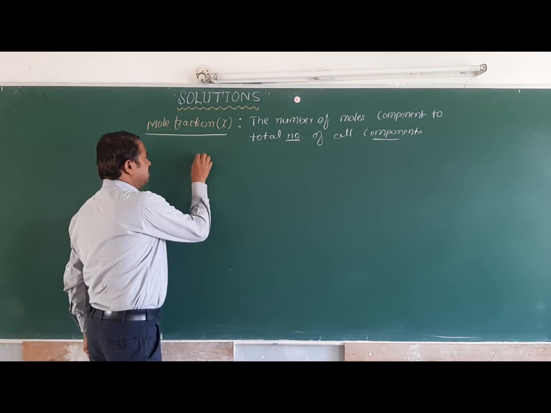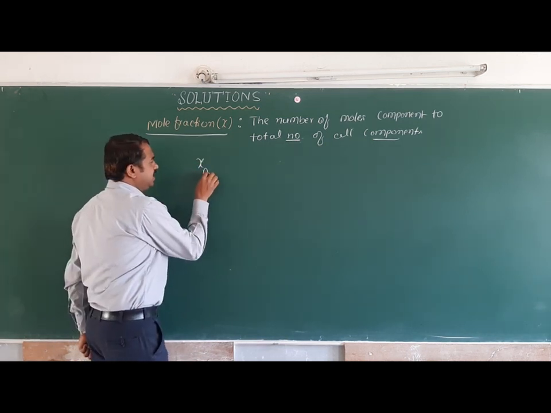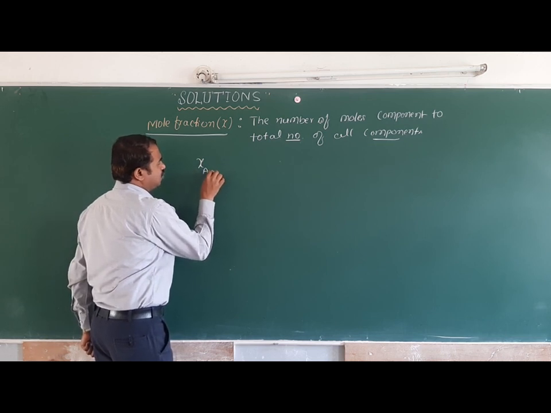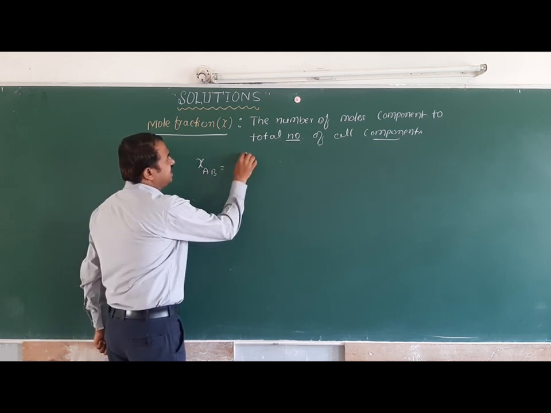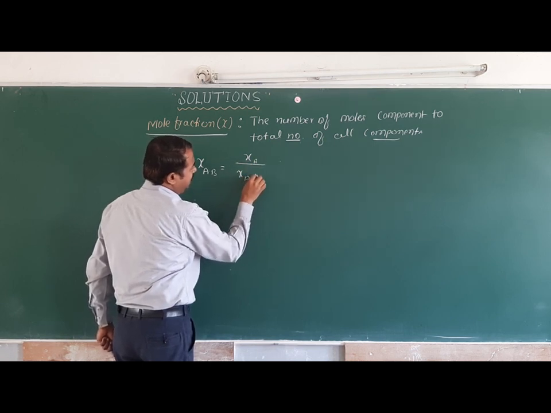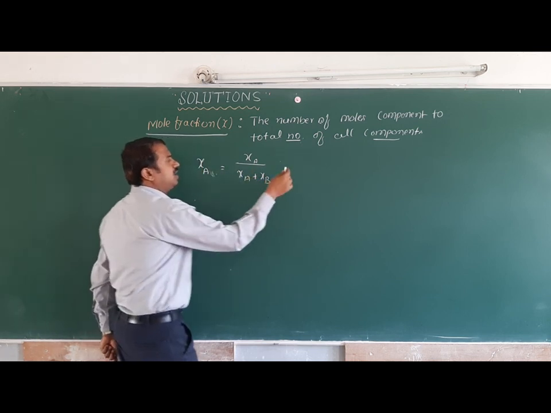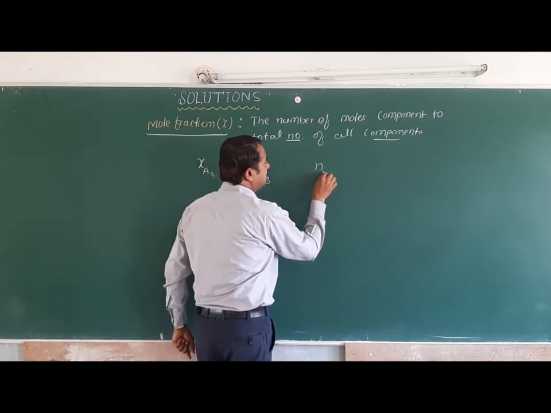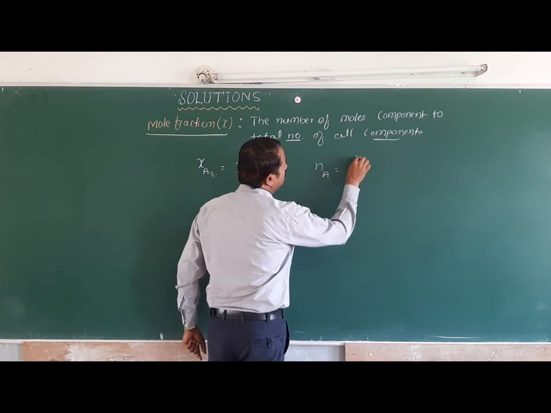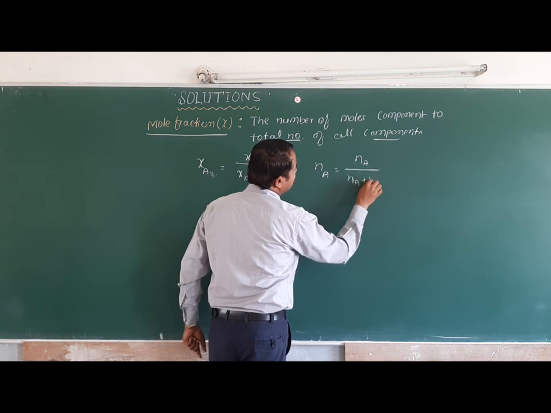Here the formula is XA equals NA divided by NA plus NB, or XB equals NB divided by NA plus NB.